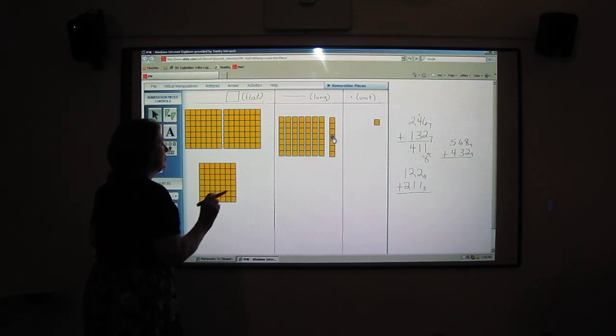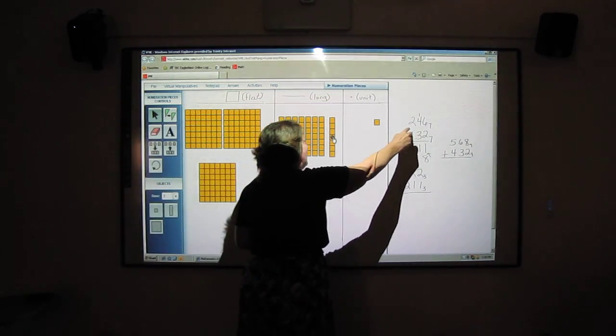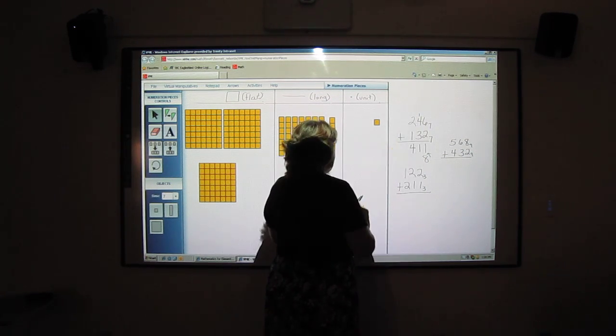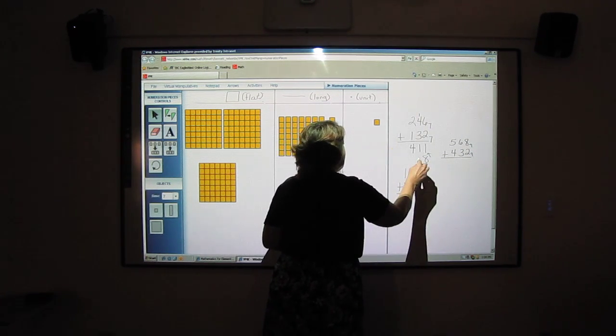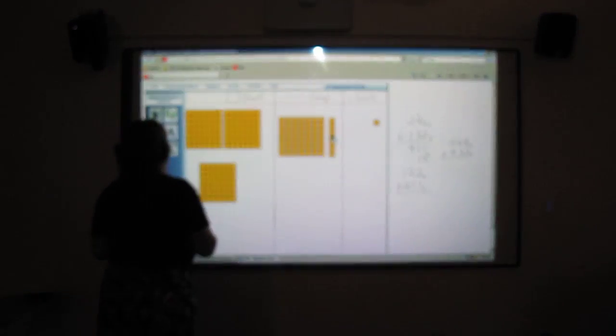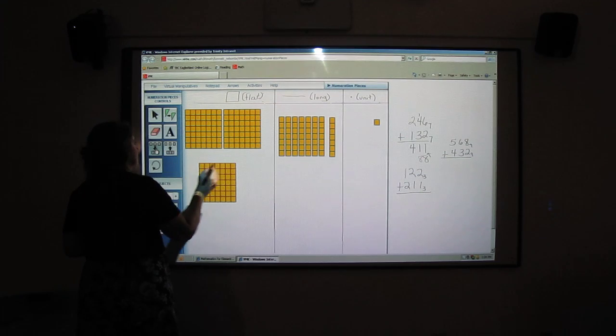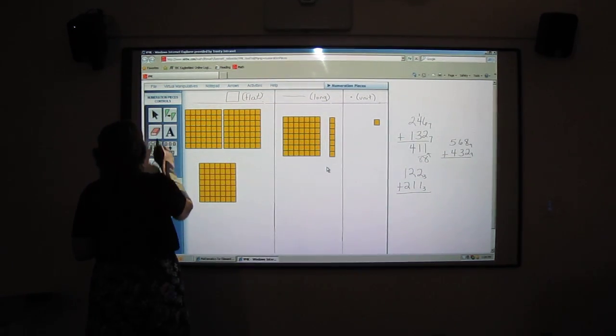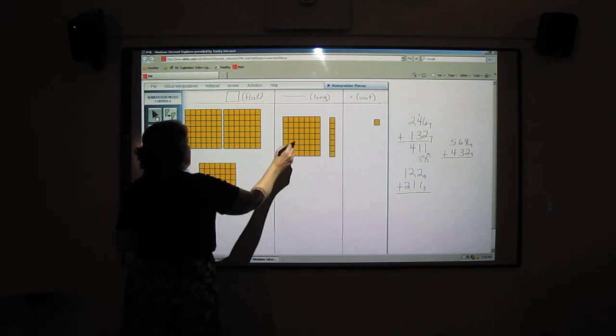Right? Same thing over here. If I add 4 plus 3, which is what I had originally, 7, plus the new one that I got, I end up with 8 in this column. However, I have to trade in 7 of them and move it over here.